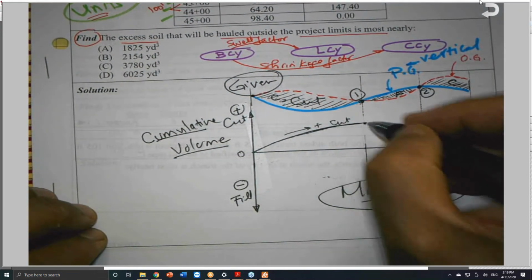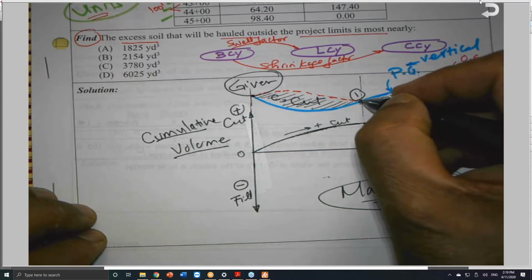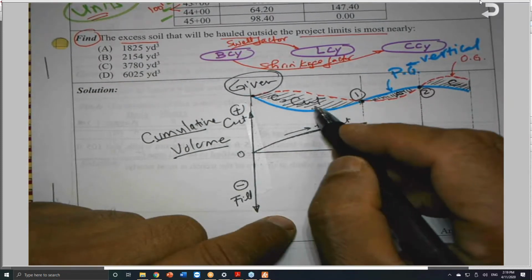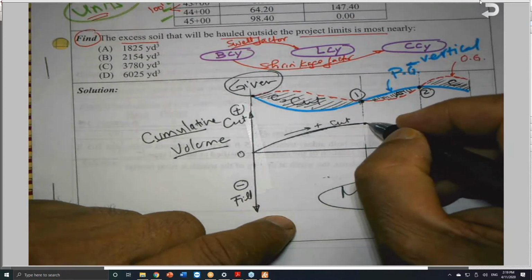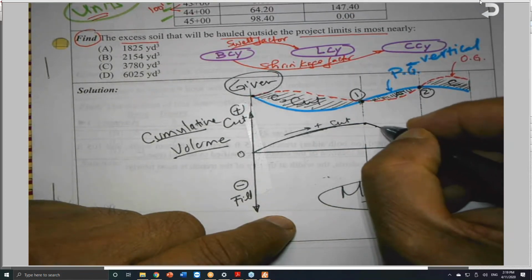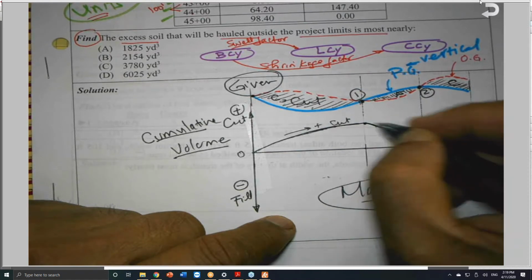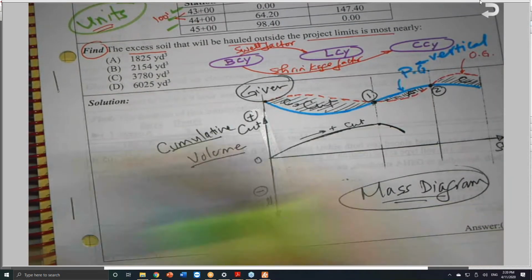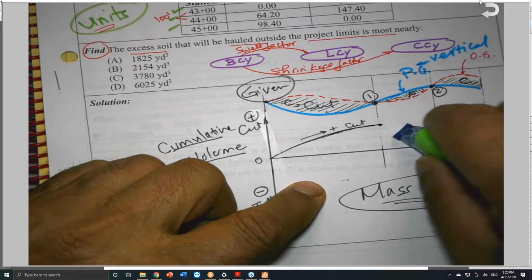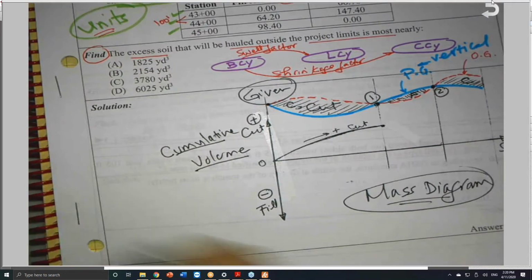I'm here right now, and this is the key point, as I told you. I'm transitioning from cut to fill. The slope will change. I will come down. Let me make it a little bit flatter because it's very steep. I will come down.